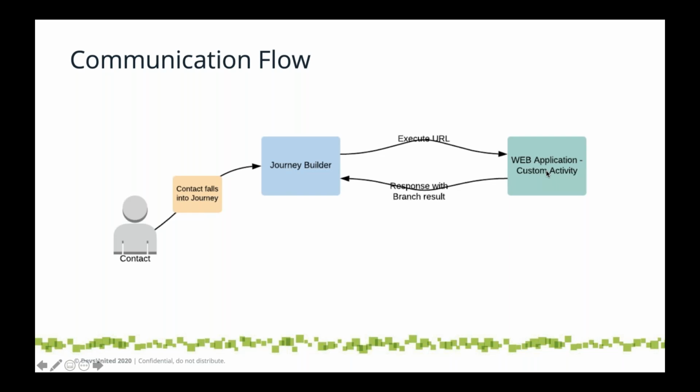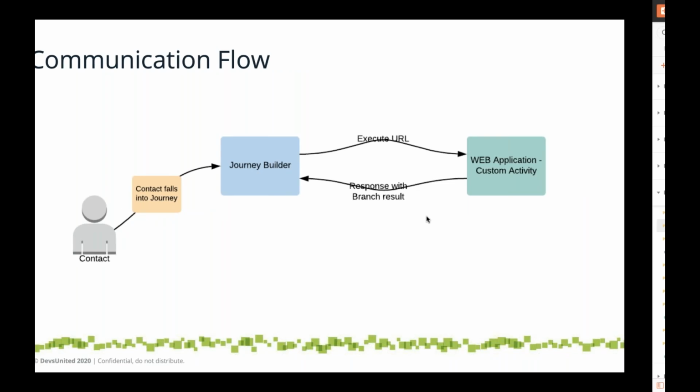So your web application will receive a payload with some default information and the information that you have configured on your custom activity, and you will respond. Your web application will respond to Journey Builder with a result.